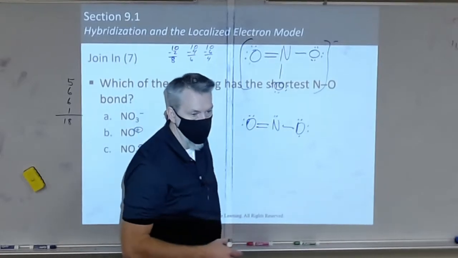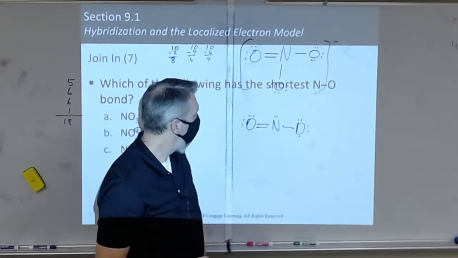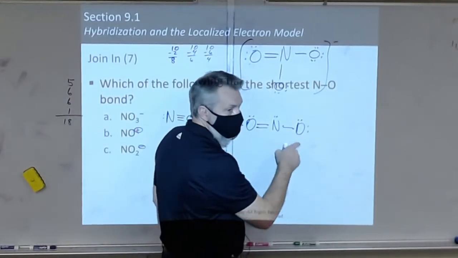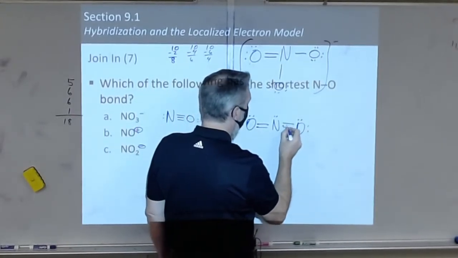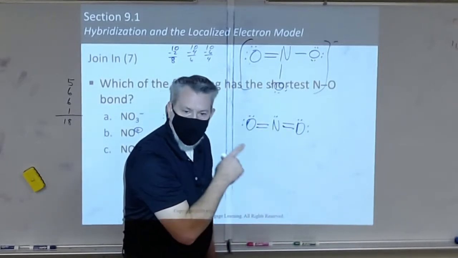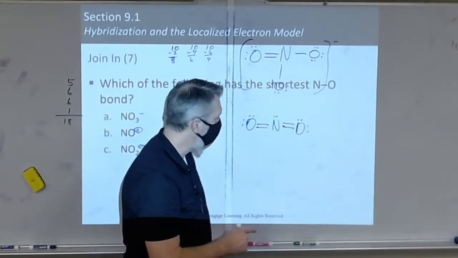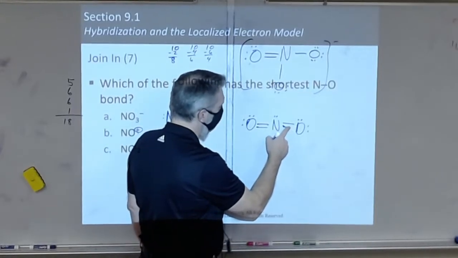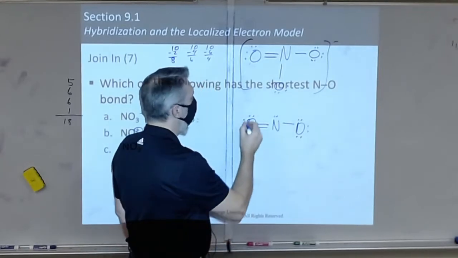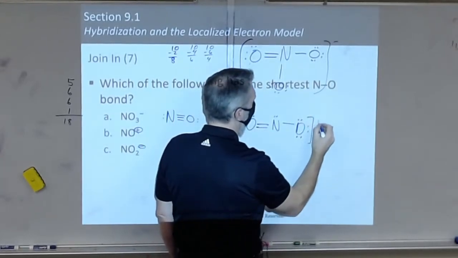So what should we put? A double bond on the other one. If I put a double bond here, what's happened to nitrogen? It has too many. Okay. Put another electron pair. I thought you already had a pair there.